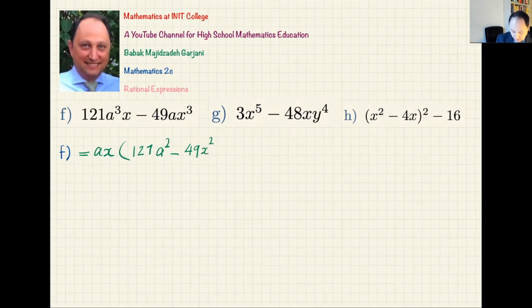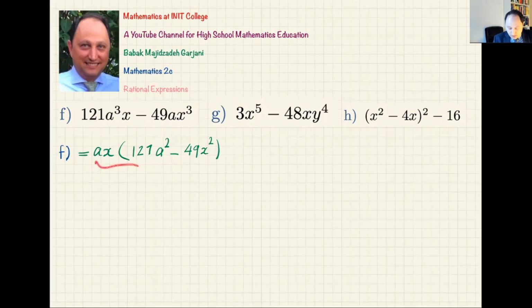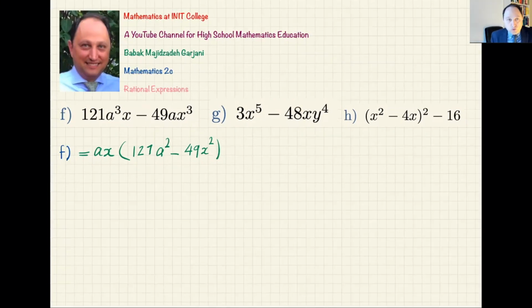x to the 2. Okay, so at least this is partially done, because if I ask you, is this a product form? You would say, yes, this is the product of three terms, a, x, and the whole expression. If you stop here, and if it is possible to continue more, then of course you will lose some points. And here in this case, it is possible because immediately you realize that these two are complete squares, yes?